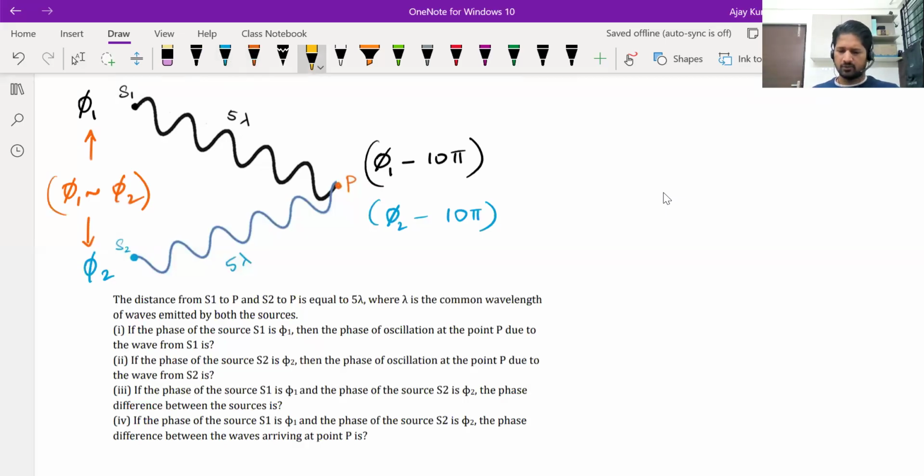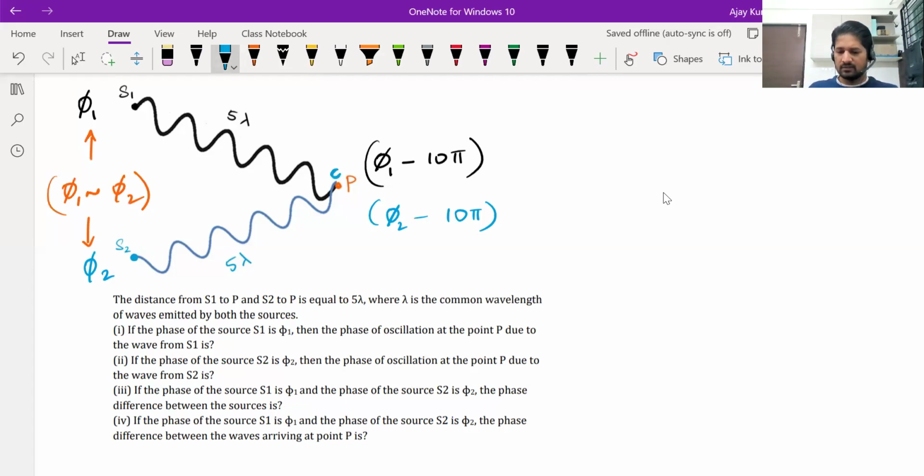You can see from the diagram also. S1 has just completed producing a crest. Next, it will produce a trough. But S2 is still producing the crest. So they have a phase difference. They're not exactly doing the same thing. And you see the waves that have arrived at point P also. From S2, the crest has just arrived.